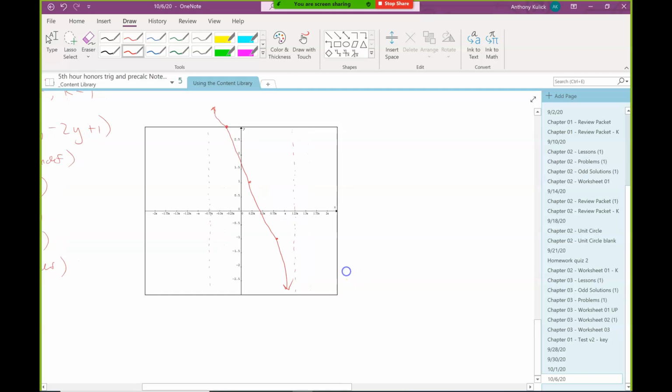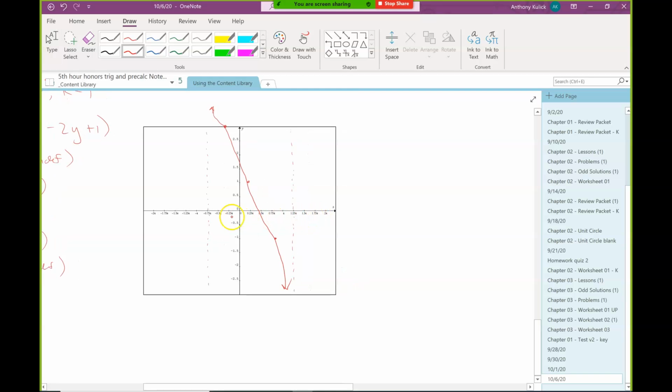And then I'll try to extend this back out. So I'd be at +1.75 and 3. And then I'd be at +2.5 and 1. So I'd have like that part of it. Then over here I would be at negative 1 1/4 and negative 1.